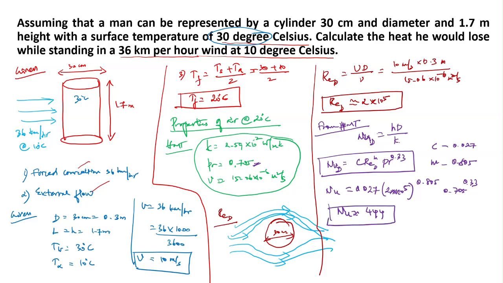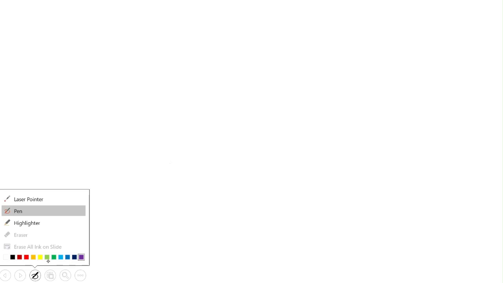After finding the Nusselt number, you are going to find the heat transfer coefficient. You already know the formula: Nusselt number is equal to hd by k. We found the Nusselt number approximately equal to 444, the diameter is 0.3, and the thermal conductivity is 2.59 into 10 to the power of minus 2 watt per meter Kelvin.